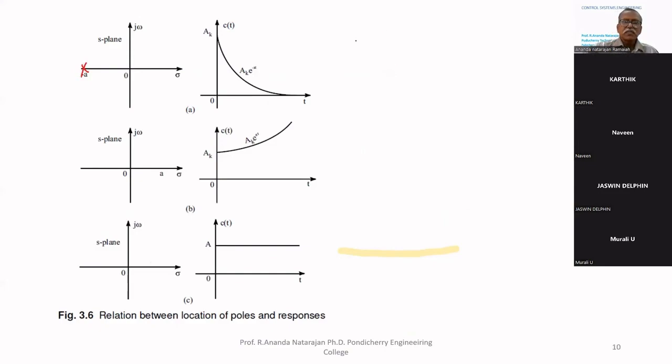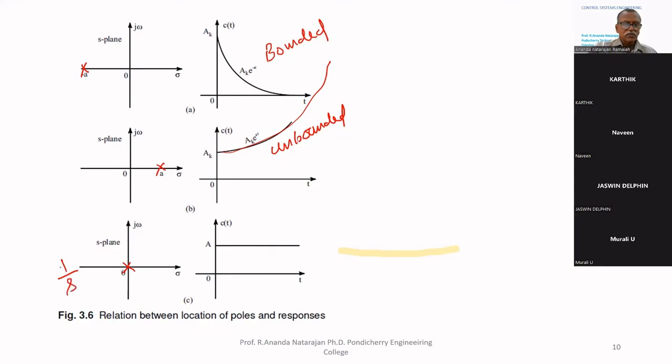The response is bounded. Here, the pole is on the right hand side. You see the response goes on increasing, unbounded. Here, the pole is at the origin. What is the response? A step.